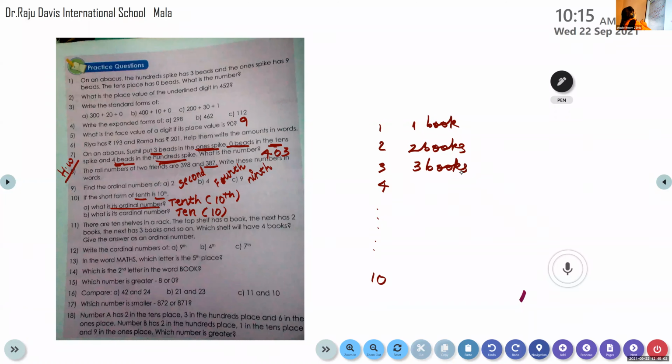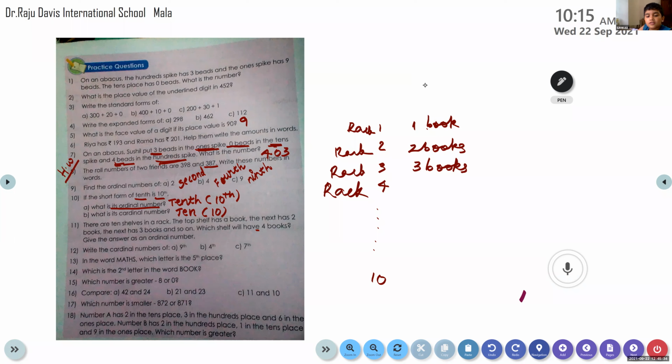And the question is, which shelf will have 4 books? Here 10 shelves. Rack 1 has 1 book. Rack 2 has 2 books. Rack 3 has 3 books. Then which rack will have 4 books?